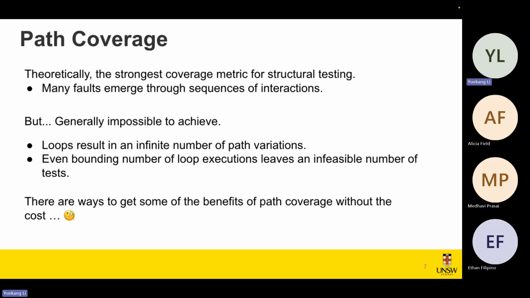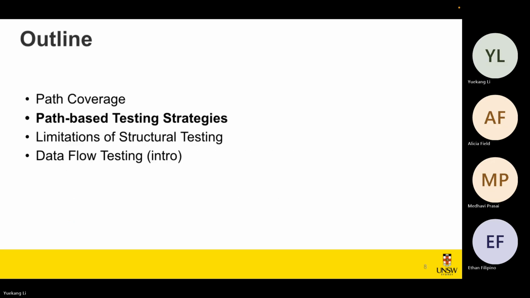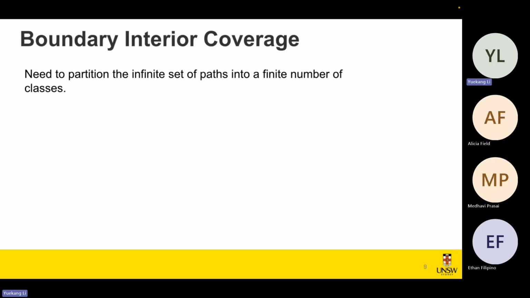What we can do is very similar here. Since we are dealing with a potentially infinite number of paths, we can do some partitioning. We can group paths together and select representative ones to create test cases. This is how we derive some practically useful strategies based on path coverage.